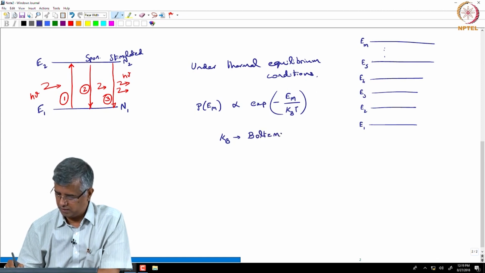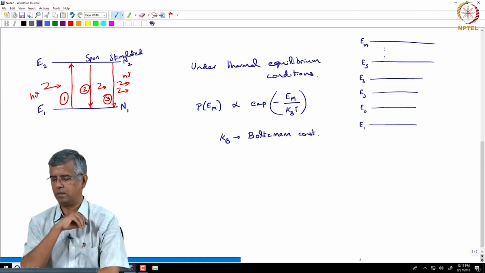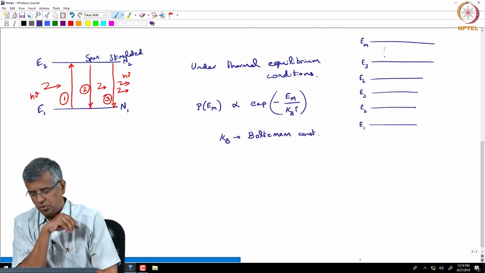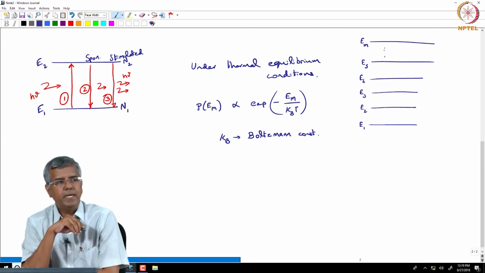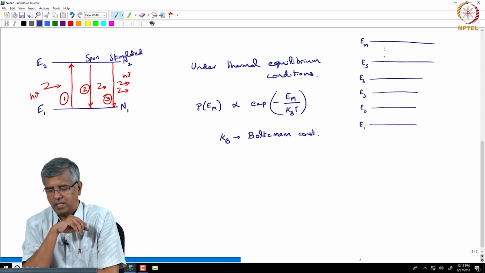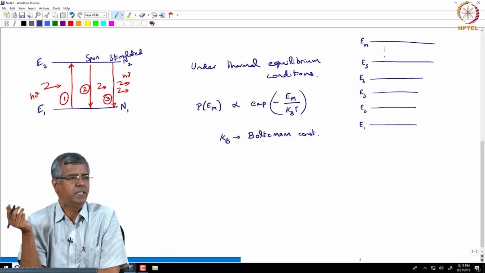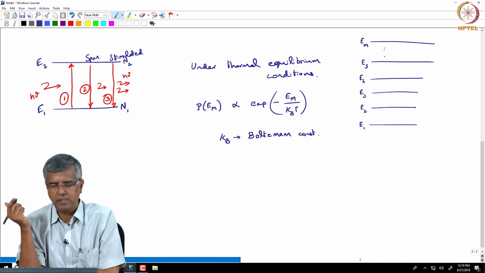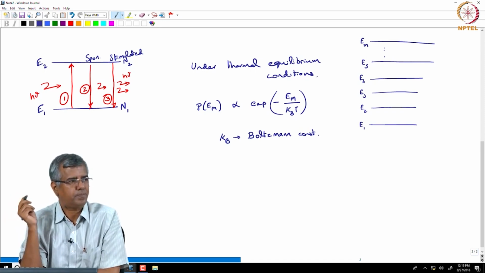It is the Boltzmann constant, right. And kBT now corresponds to some energy term, right. So, that is essentially your thermal energy.